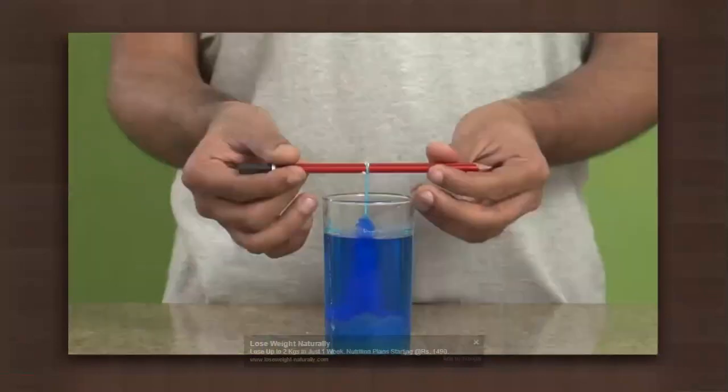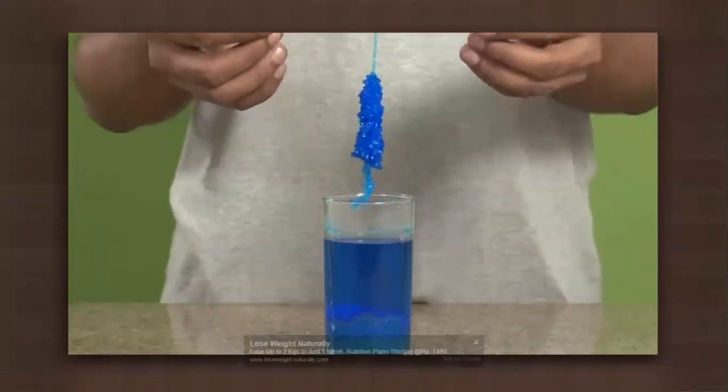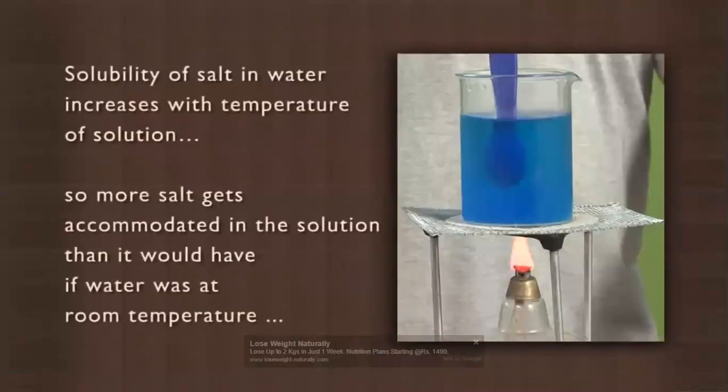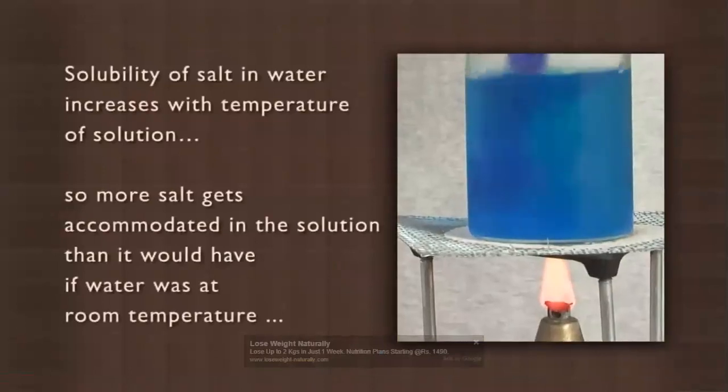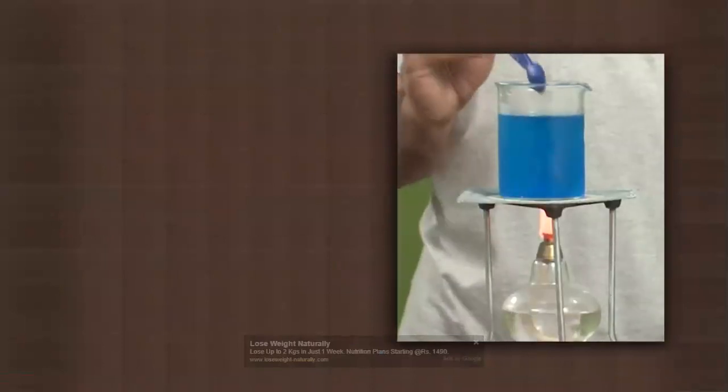We see salt crystals formed on the string. This happens because the solubility of salt in water increases with temperature of solution. So more salt gets accommodated in the solution than it would have if water was at room temperature. This solution is called a supersaturated solution.